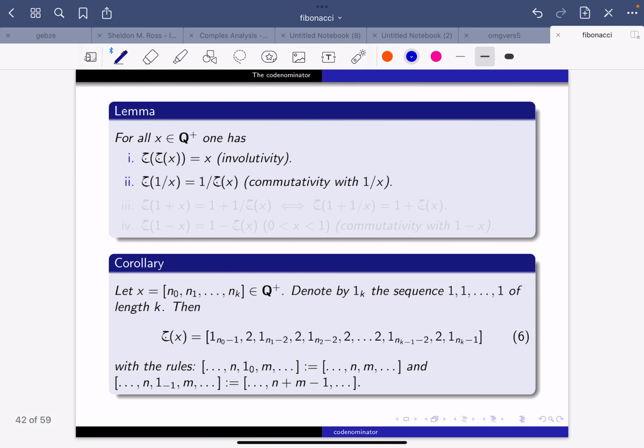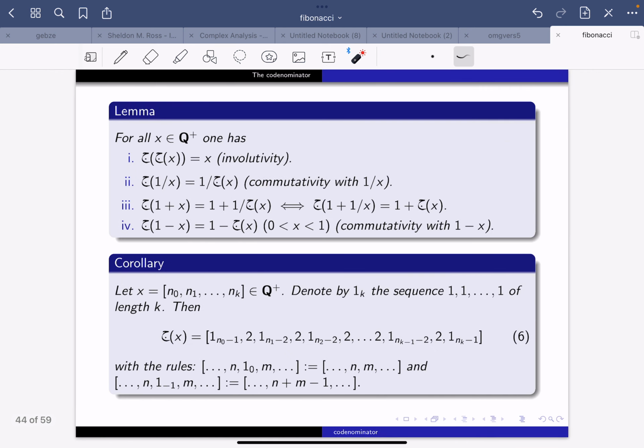Moreover, again by using the functional equations for the conominator function, we can show that Jimm of 1+x equals 1 plus 1 over Jimm of x. And furthermore, Jimm of 1-x equals 1 minus Jimm of x.